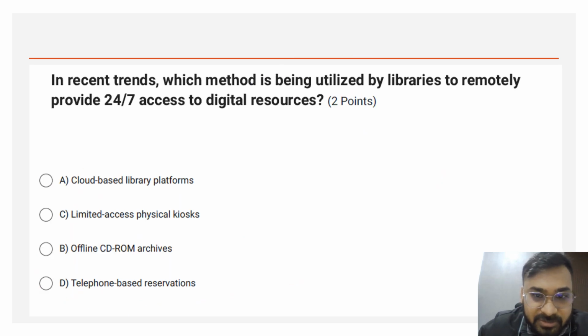So in recent trends, which method is being utilized in library to remotely provide 24 into 7 access to digital resources? That is cloud-based library platform. What is the cloud name?